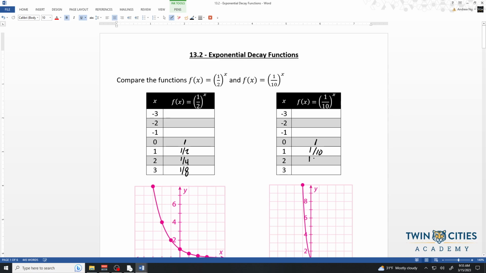Over here, we'll get 1 over 100, 1 over 1,000. And then as we go negative, this will be 2, 4, then 8. See the pattern here? And then for 1/10, as we go negative, this will be 10, 100, and then 1,000.